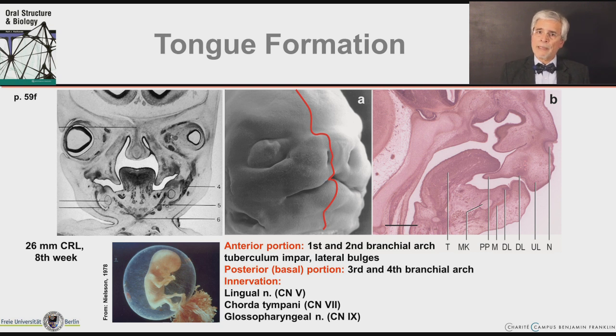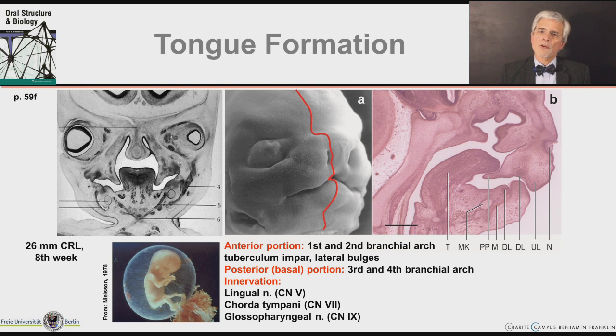The enveloping epithelium grows and pulls the mesenchyme underneath in different directions. And therefore, in the 5th to the 7th week, the muscles of the tongue become visible as an intertwined arrangement which is interwoven in sagittal, transverse, and vertical directions.